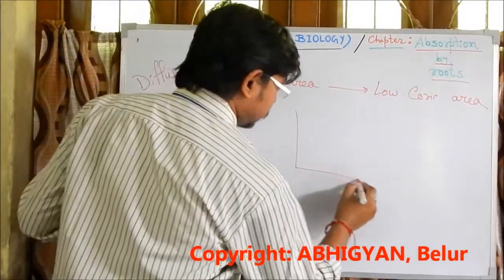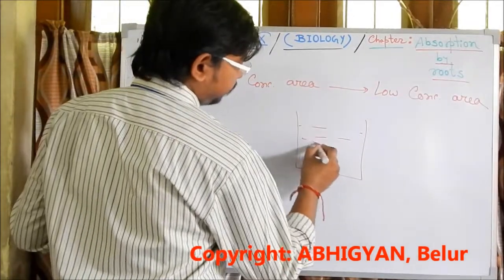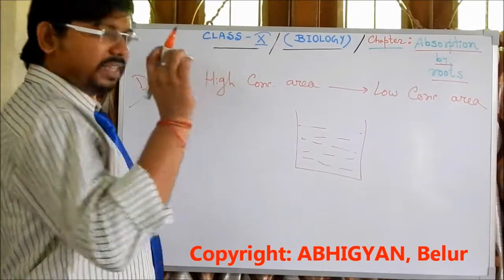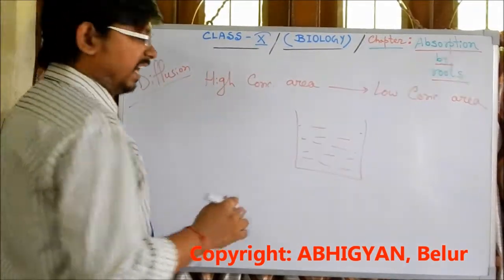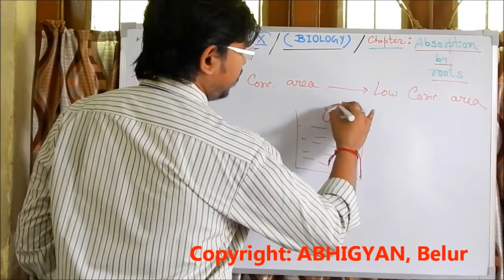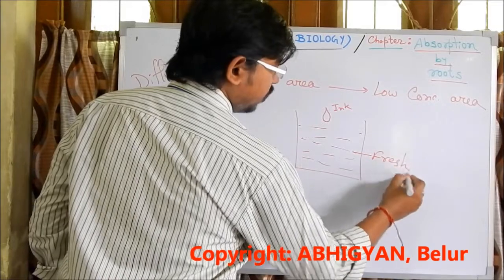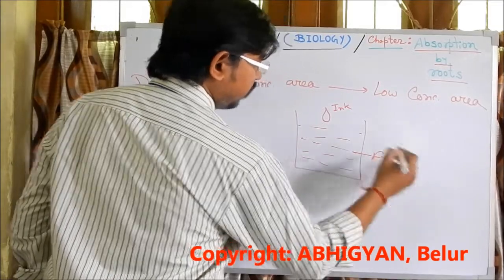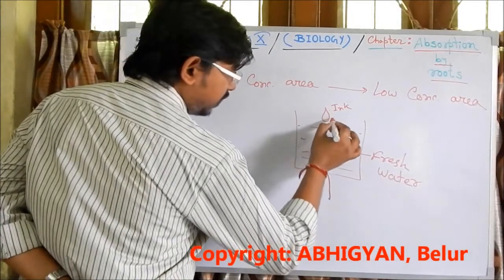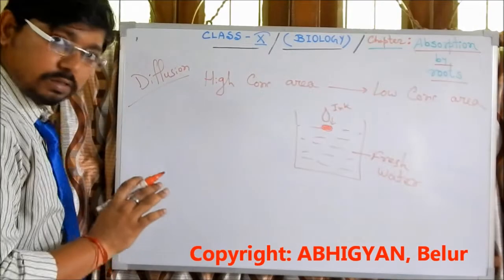Suppose one pan or one beaker is there, whatever it is, there we are taking fresh water. Now we are just giving a pinch, a drop of ink here, and this is normal fresh water. So we can see first where the ink is dropping, this area will become colored first.